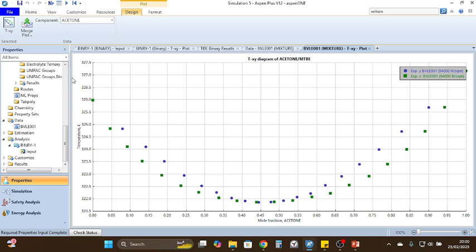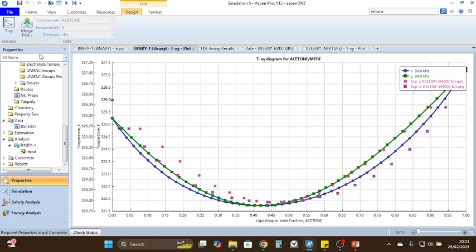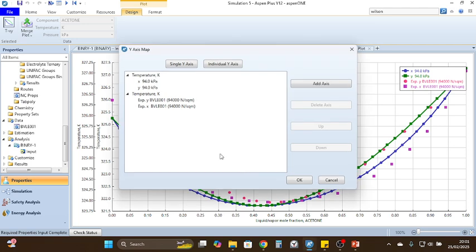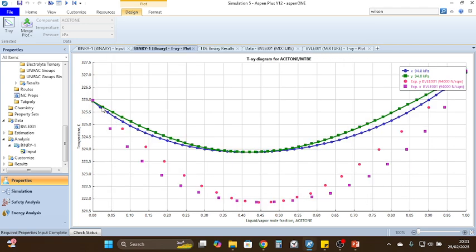Now if we merge these two plots with a single y-axis, you can see there is a considerable difference between the experimental data and the one that we have got from Aspen. This is the Aspen data, and this is the experimental data point. So there is a considerable gap.